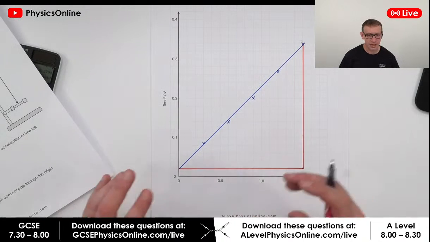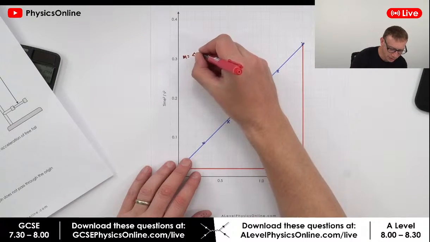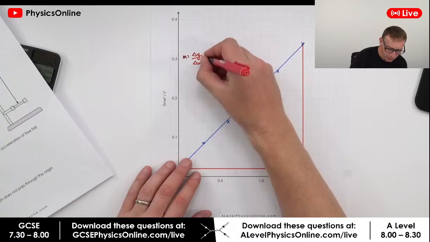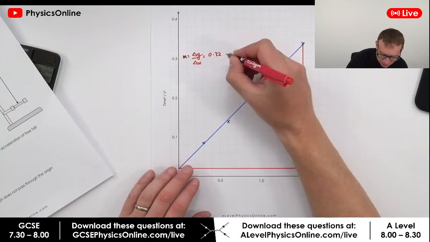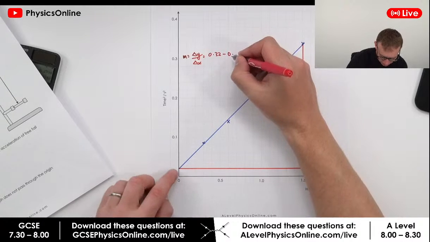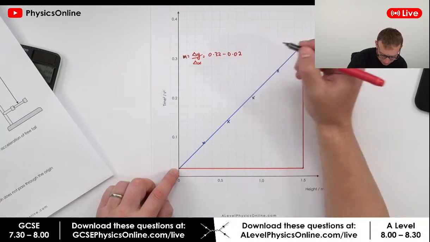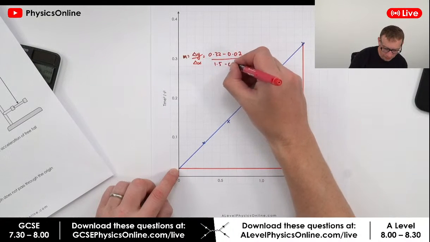And then we're going to calculate the gradient. So the gradient m is equal to the change in y over the change in x, which is about, let's just say, (0.32 minus 0.02) divided by (1.5 minus 0).